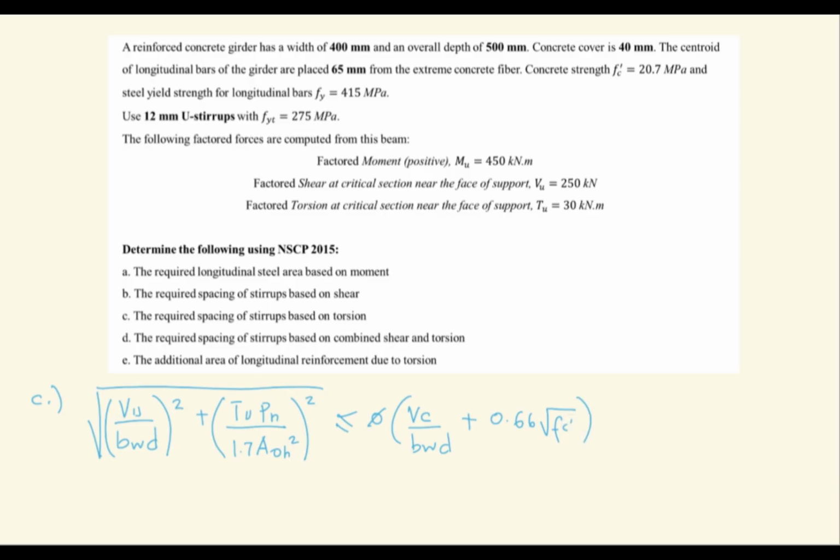So we need to determine the variables in this relationship. First is D. Effective depth D is 500 minus 65. This will give us 435 mm.